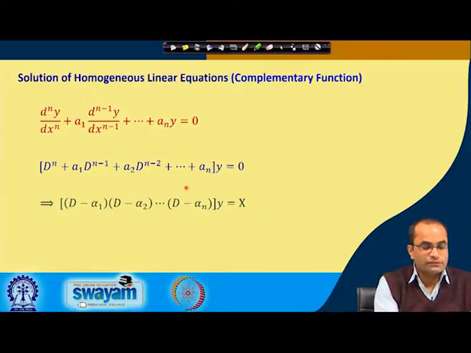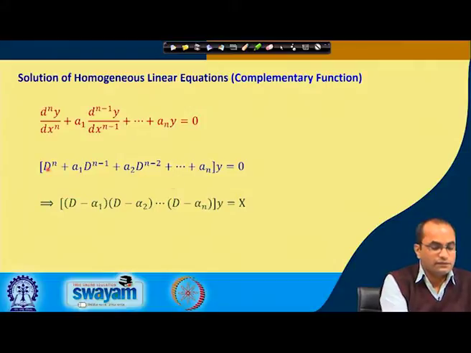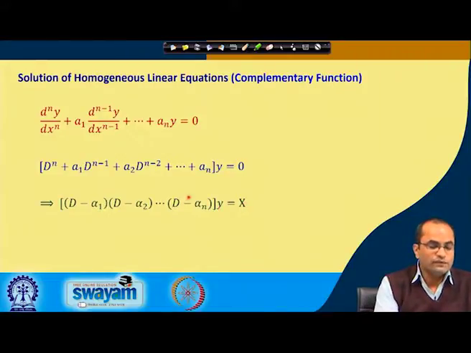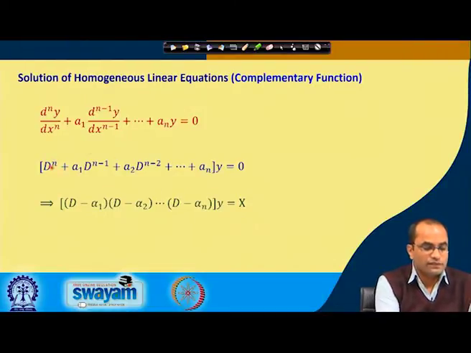So, we can factorize this and write it in the form (D minus alpha 1)(D minus alpha 2)...(D minus alpha n) y equal to 0. This is the factorization of this portion with the operator, and we proved in the last lecture that this is exactly the same as having the nth order derivative plus a1 times the (n-1)th order derivative and so on.